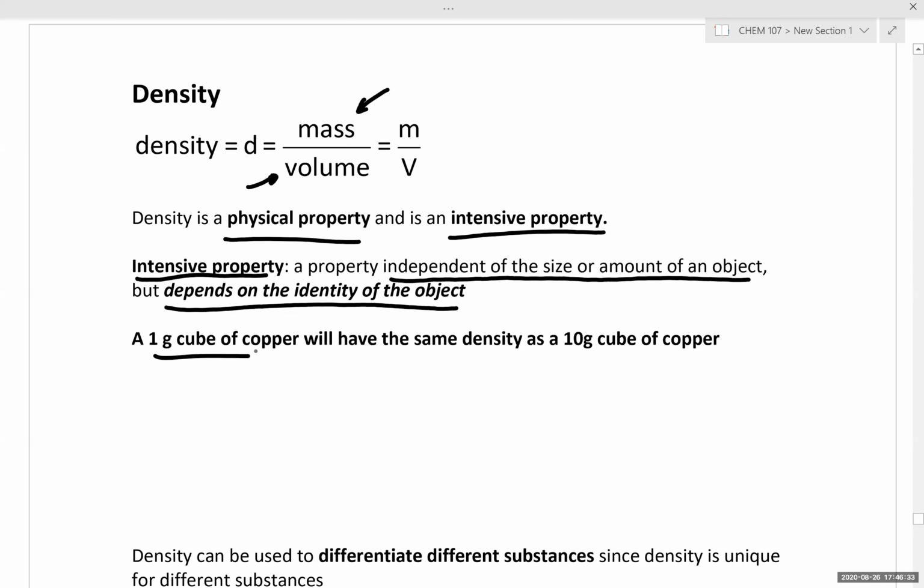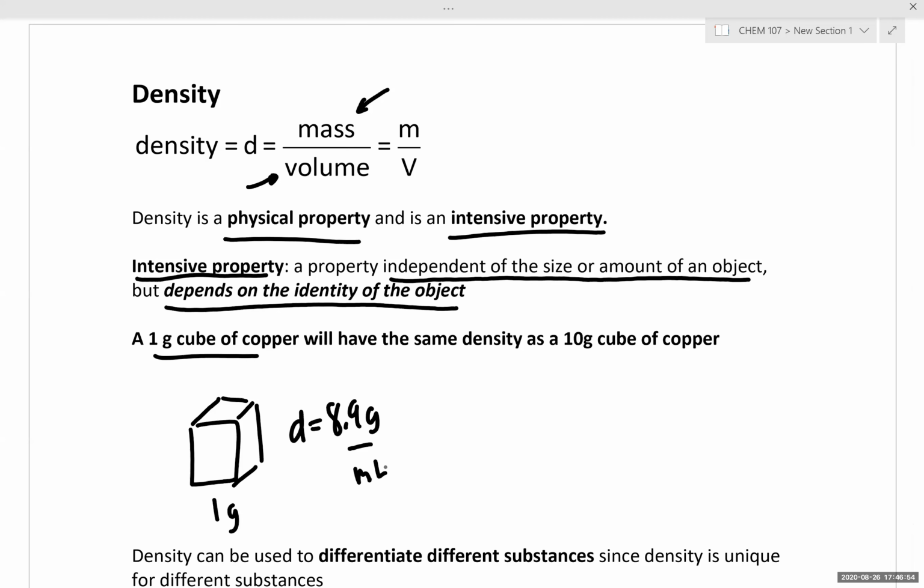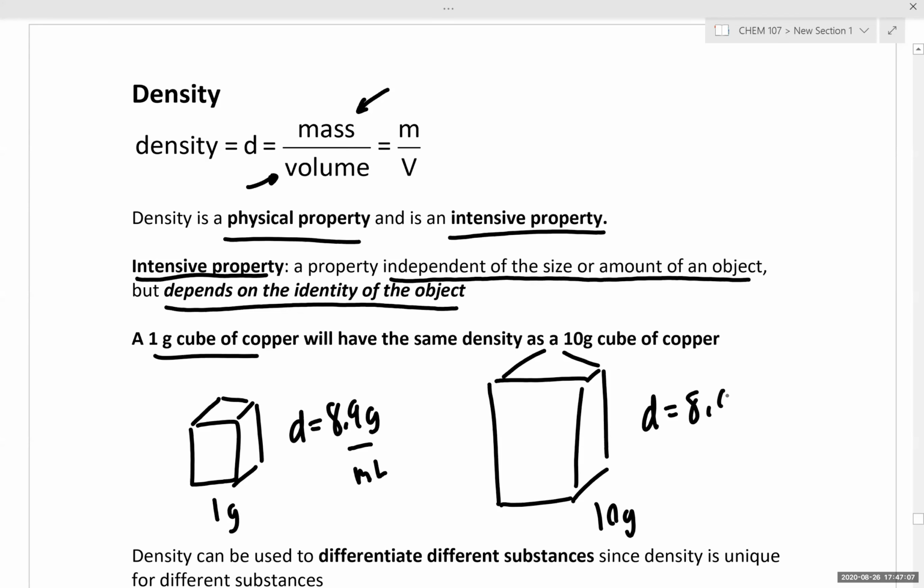The classic example I use is a 1 gram cube of copper. A 1 gram cube of copper will have the same density as a 10 gram cube of copper. Copper has a density around 8.9 gram per milliliter. If we scaled up and increased the size of our copper cube to a 10 gram cube, it would still have the same density of 8.9 gram per mil.